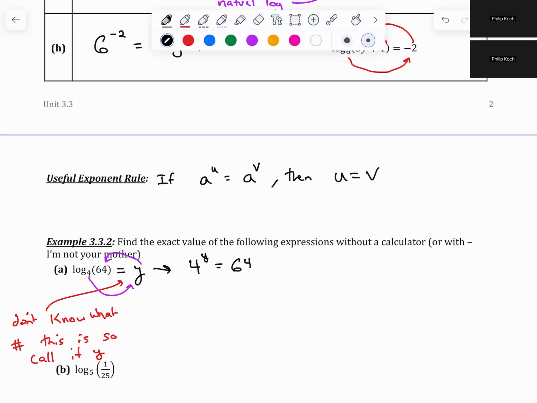Now, at first glance, it doesn't make much sense, but 64 is relatable to 4 because 4 cubed is 64. So we have 4 to the y equaling 4 cubed, and that means that y is equal to 3.